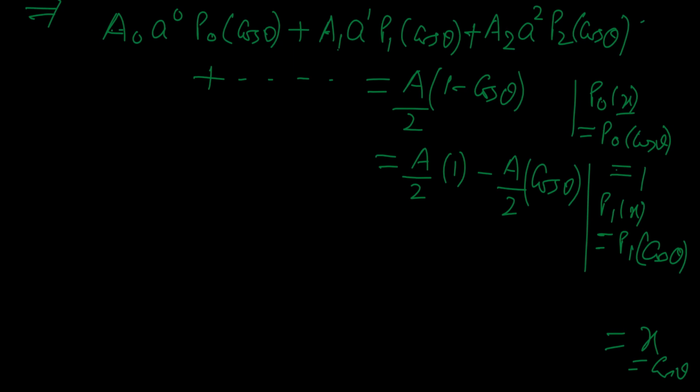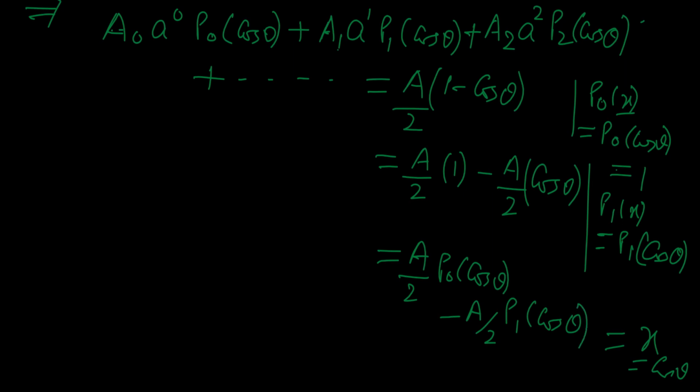This is equal to A by 2 P0 of cos theta and minus A by 2 P1 of cos theta. Let us see. In LHS there are in fact infinite number of terms, and in RHS there are only two terms.